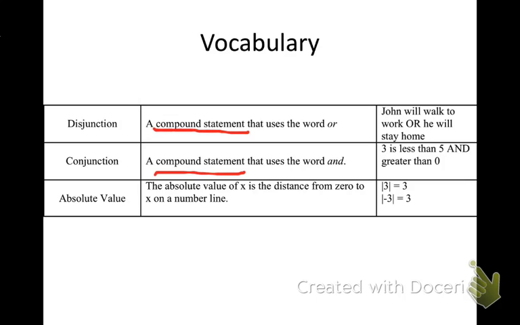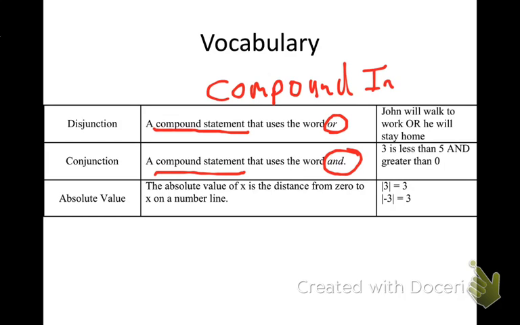A compound inequality literally means two inequalities. That's all it is. Okay? So where a disjunction is used for the word or, a conjunction is used for the word and. Again, all of these fall underneath what would be compound inequalities. Okay? All of that would be what is called compound inequalities.